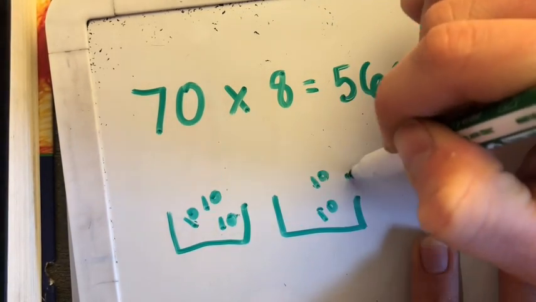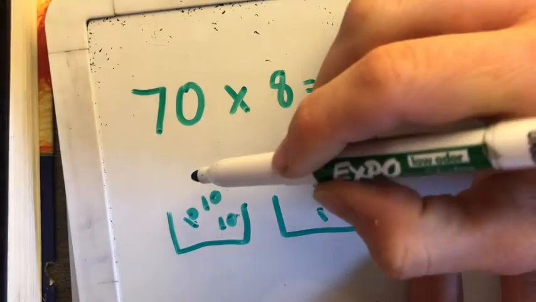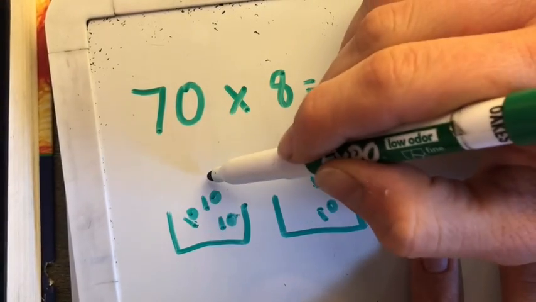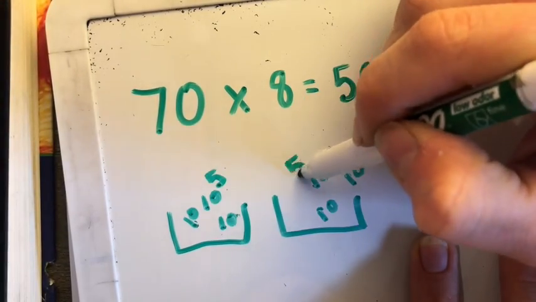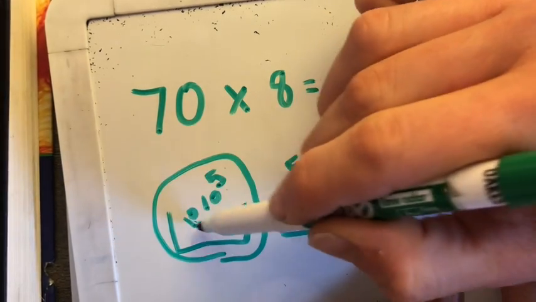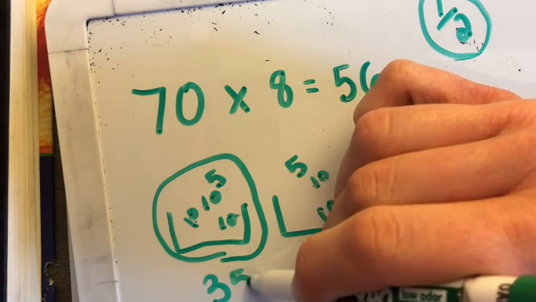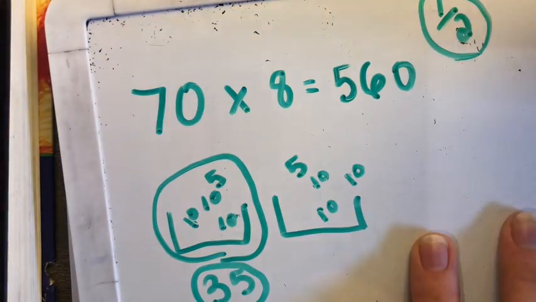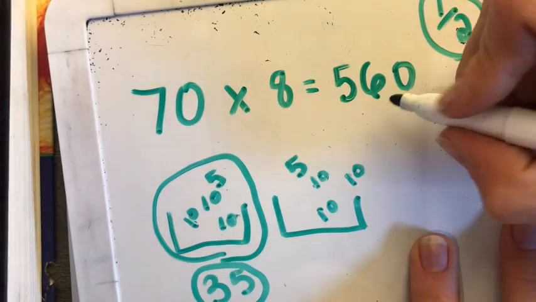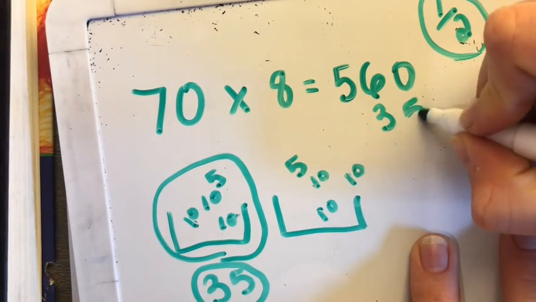And then I have 10 to break up. So half of a stride would be 35. So his pool is about 560 plus 35.